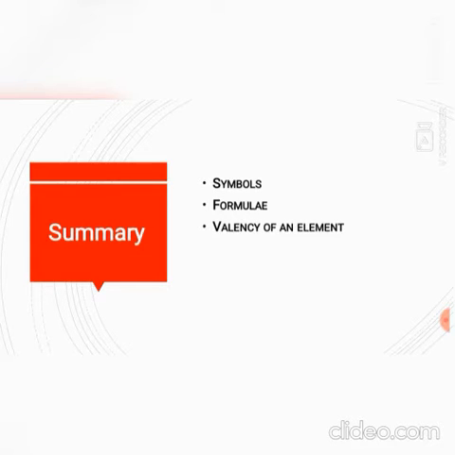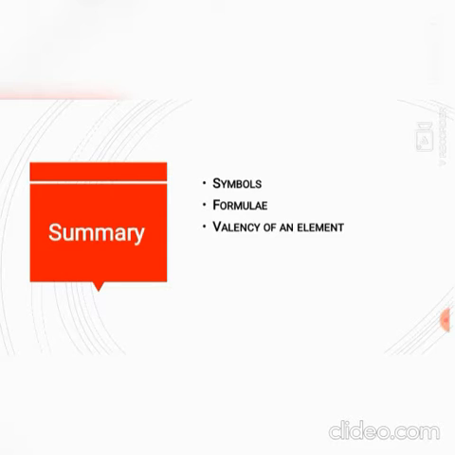And the third way is one or two letters of the Latin name of the element. So these are the ways to represent a symbol. And what does the symbol represent? Under that we have seen an element in particular and an atom of an element.